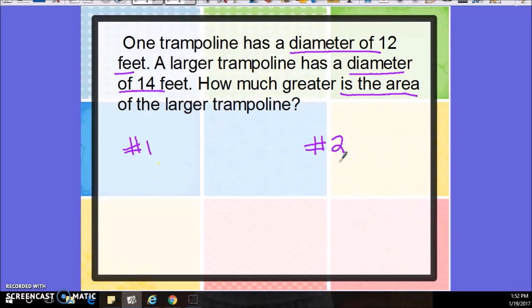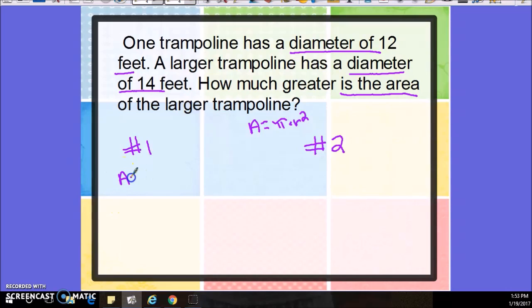What is the formula for area? Yes, area is equal to pi times radius squared. So if the diameter is 12, what is the radius? 6, because the radius is half of the diameter.